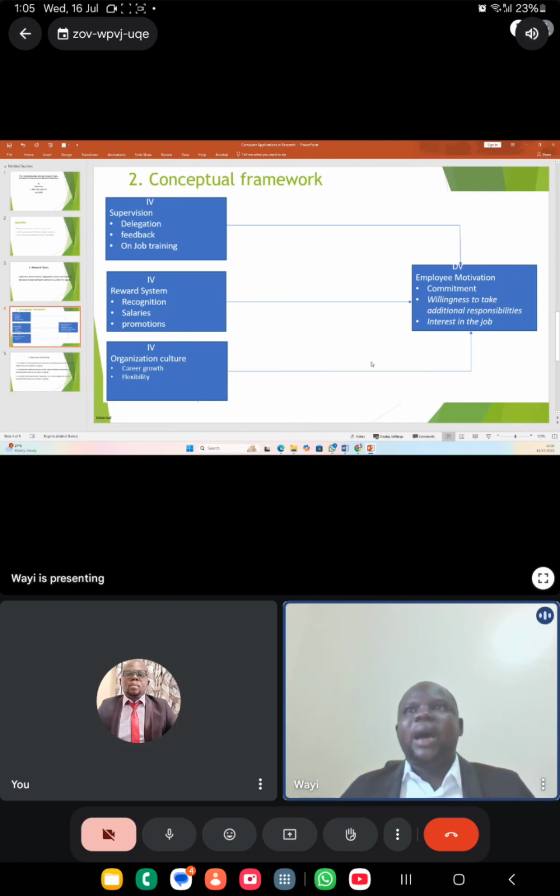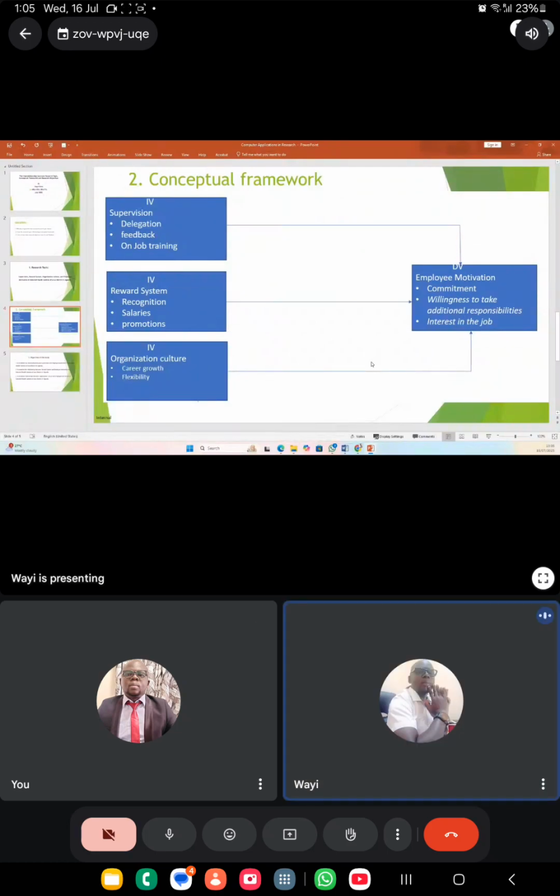And then we look at the second arrow, which also gives us our second objective. It's showing that employee motivation depends on reward system. And the constructs are recognition, salary, and promotion. The DV is influenced by the IV, and for the DV we find the constructs of commitment, willingness to take on tasks, and interest.